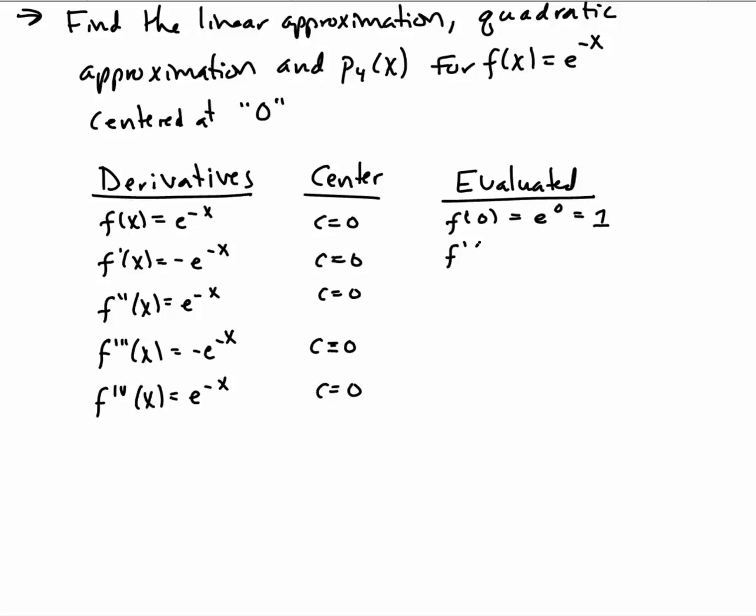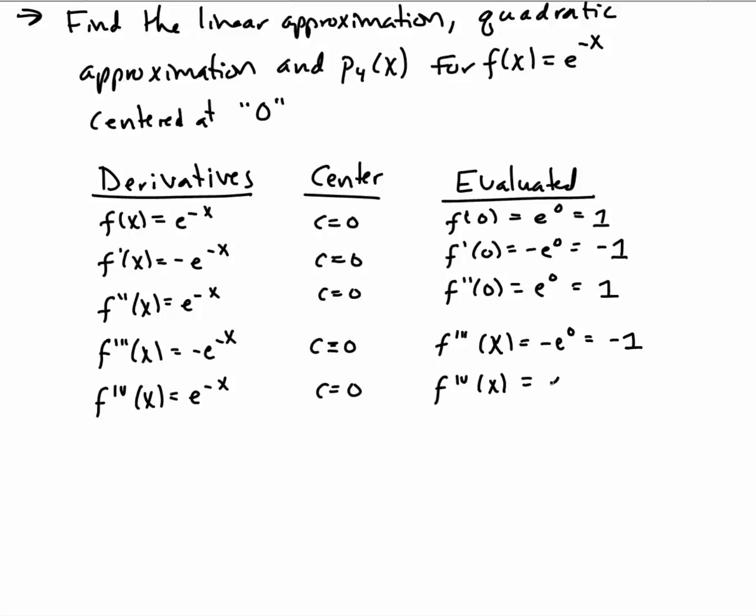Then I have f prime at 0, so that's going to be negative e to the 0, which is negative 1. And you'll see a quick pattern start to develop. So this would be e to the 0, which is 1. This is going to be negative e to the 0, which is negative 1. The fourth derivative, e to the 0, is 1. So these are the important things that I need here.